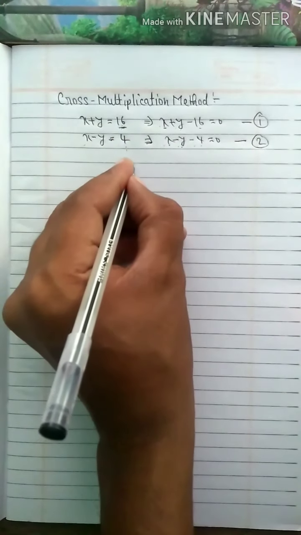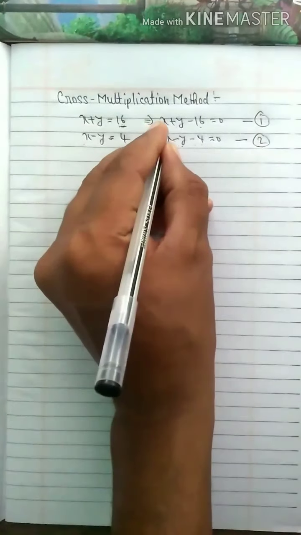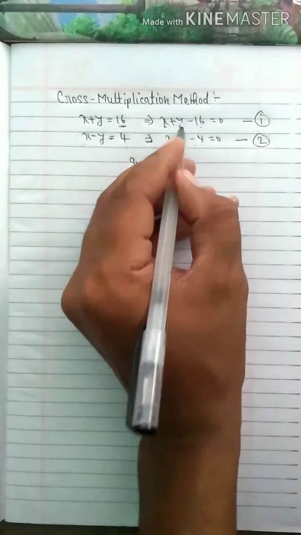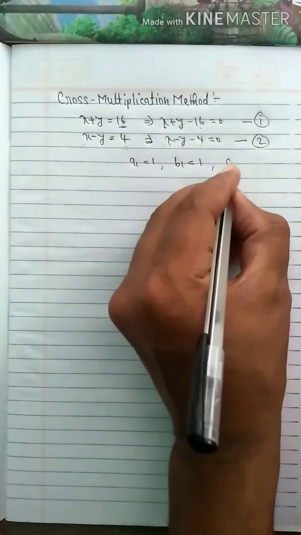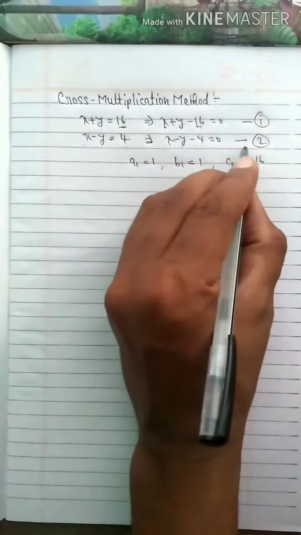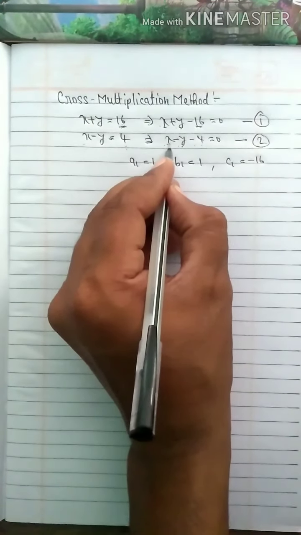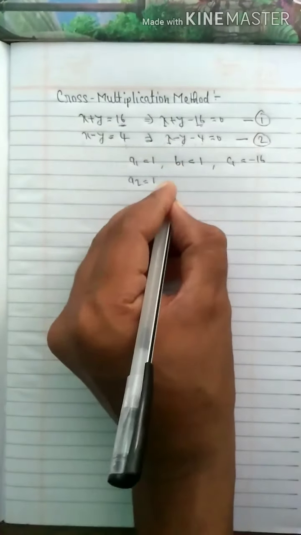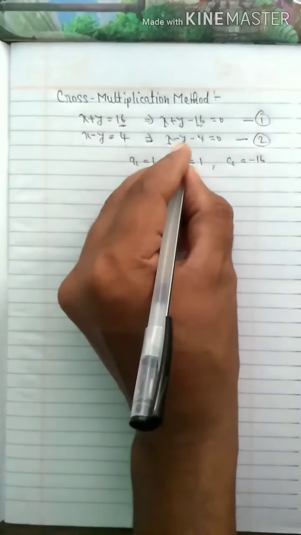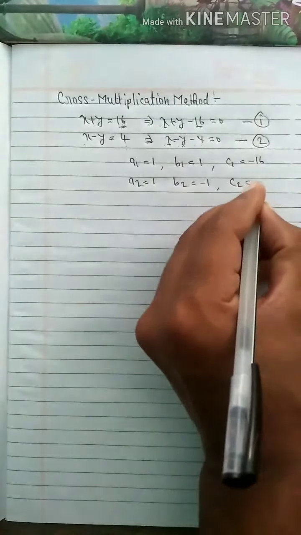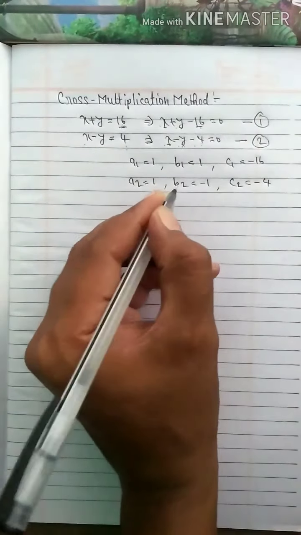So now here we will write a1 equal to 1, b1 equal to 1 and c1 equal to minus 16. And now similarly from equation second, a2 equal to 1, b2 equal to minus 1 and c2 equal to minus 4.